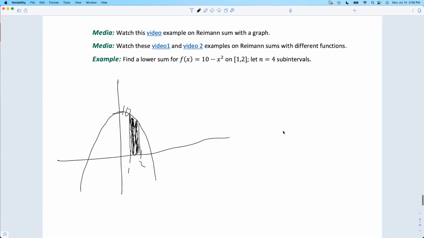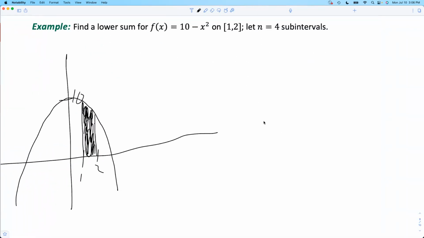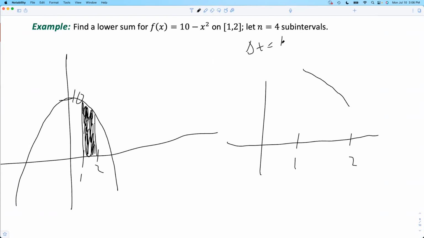Let's draw that guy, blow him up just in that region is all we really care about. So here's 1, here's 2, and I'm going to have some graph that's coming in like this. I'm going to break this up into 4 subintervals. So my delta x is always b minus a over n. That's a, that's b.